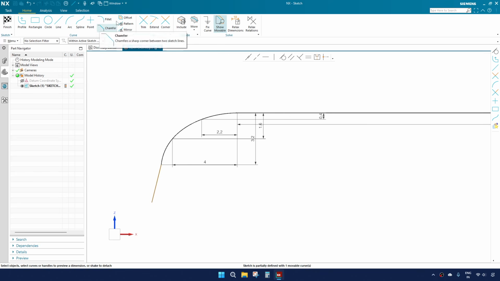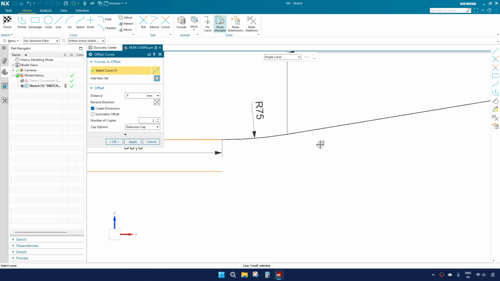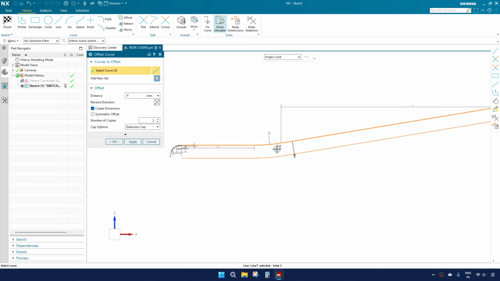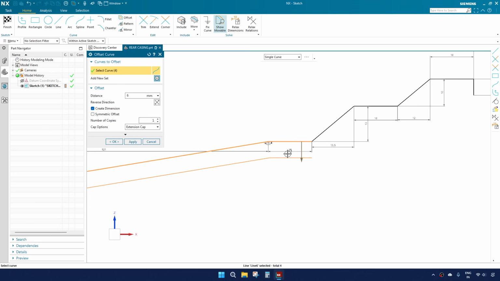And offset these lines. Take a single curve. This one, this one, this one, to here.